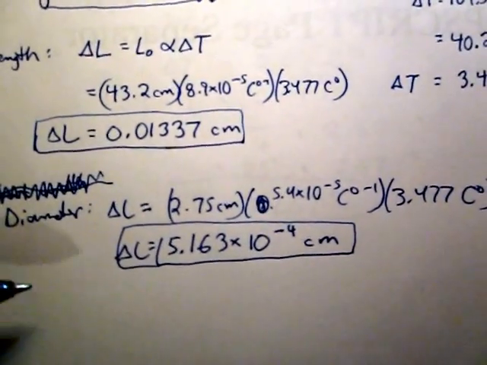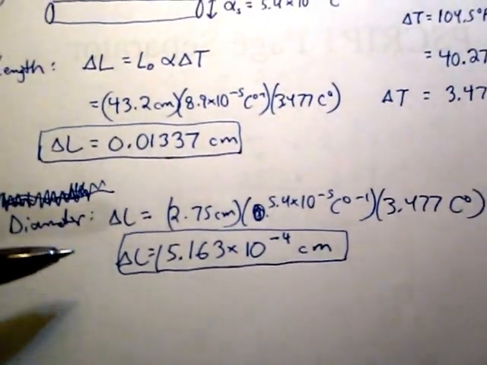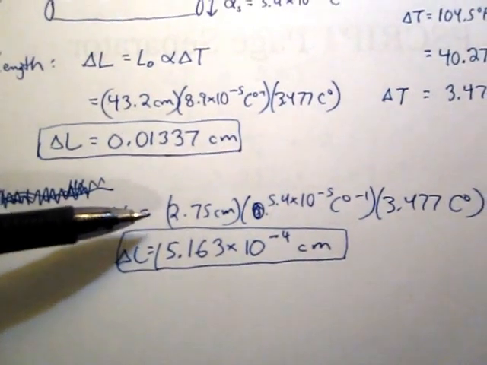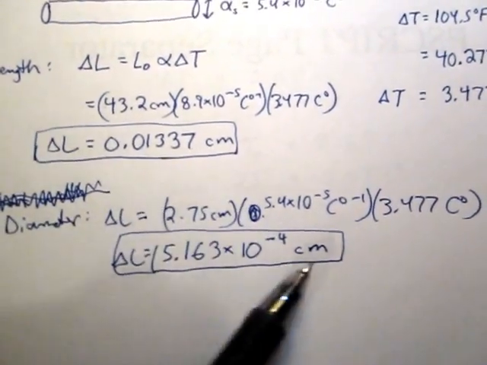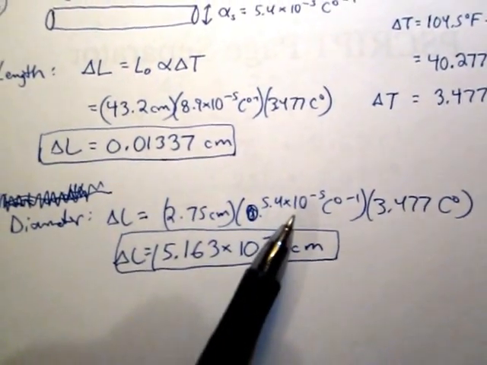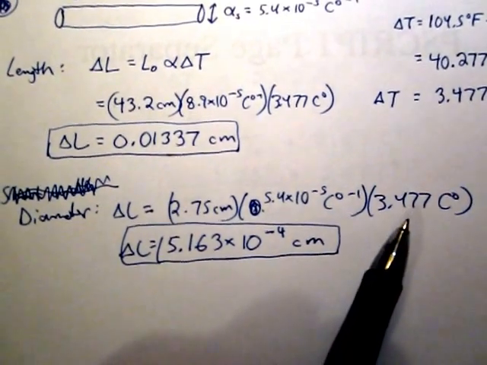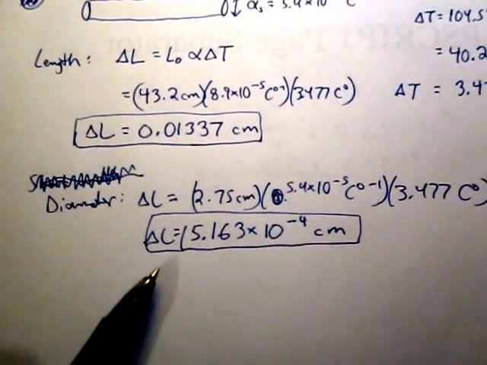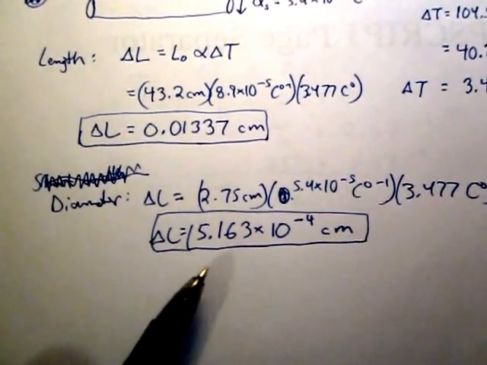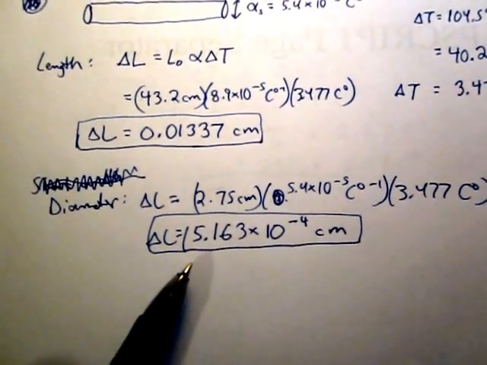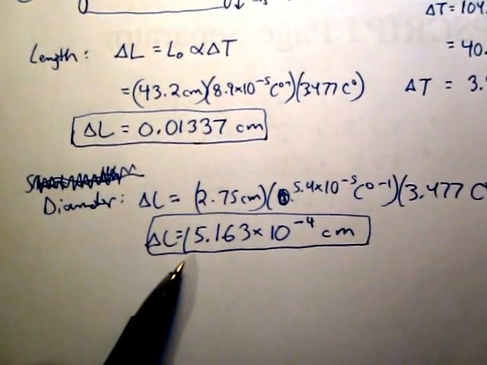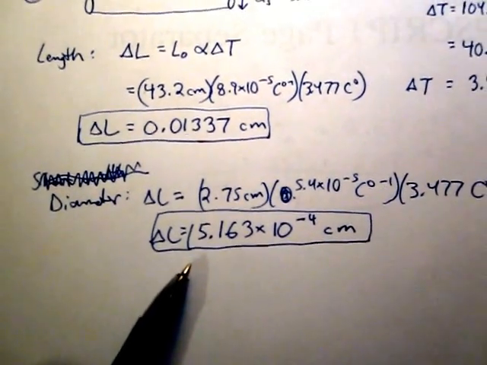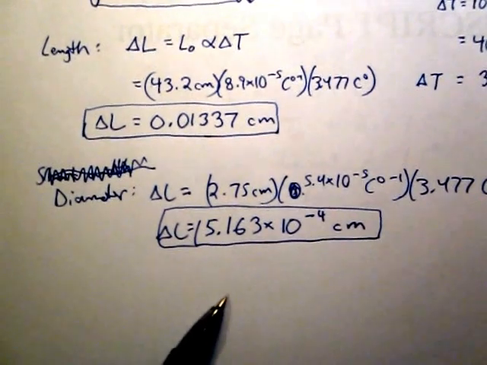Across the diameter of the bone, change in length is the diameter, 2.75 centimeters, times alpha, 5.4 times 10 to the negative 5 per degree Celsius, times 3.477 Celsius degrees. And what I get is that the diameter, its change in length, is, boy, I can't even read that, 5.163 times 10 to the negative 4.